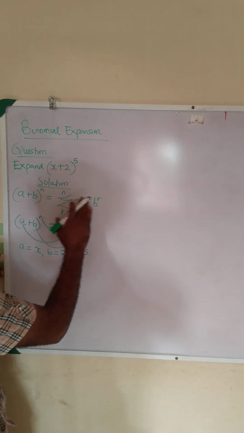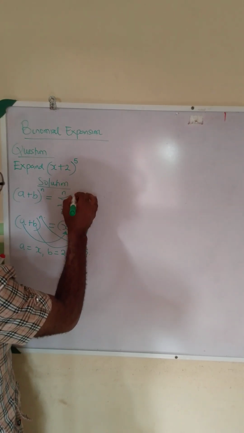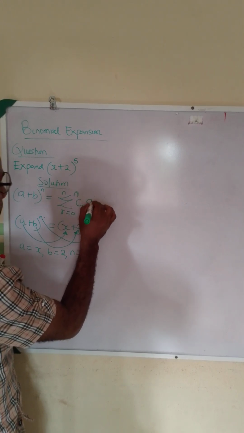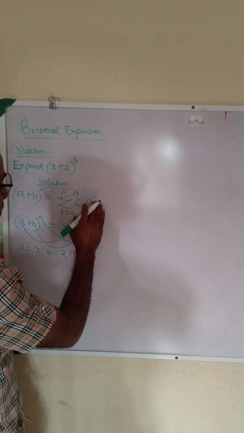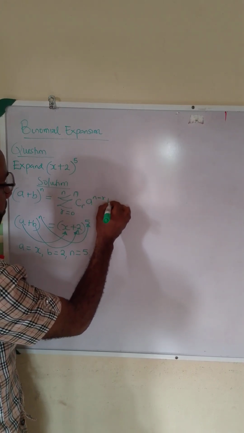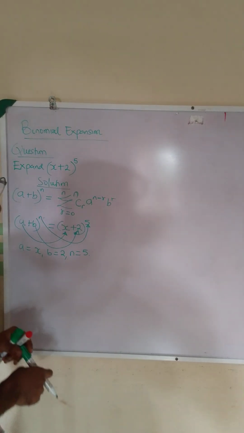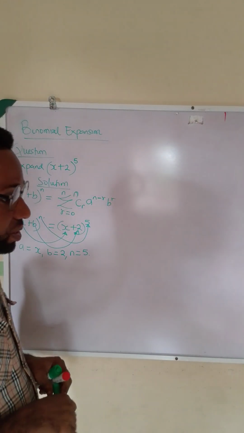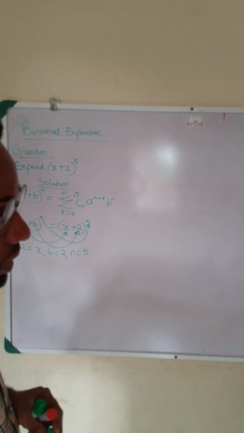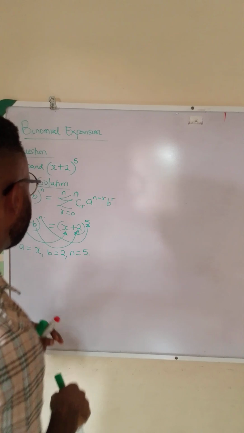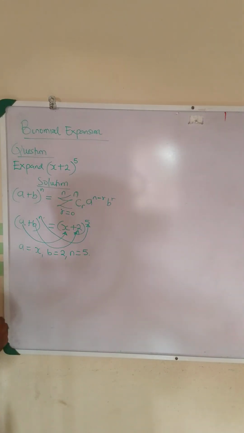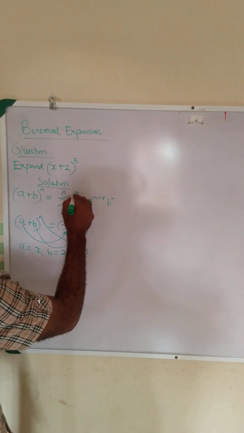Oh, sorry, before we get here, this would be n combination r, a raised to n minus r, b raised to r. So that's the formula we are going to be considering in order to solve this problem.